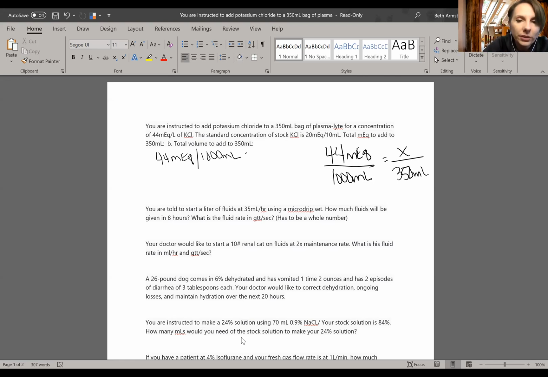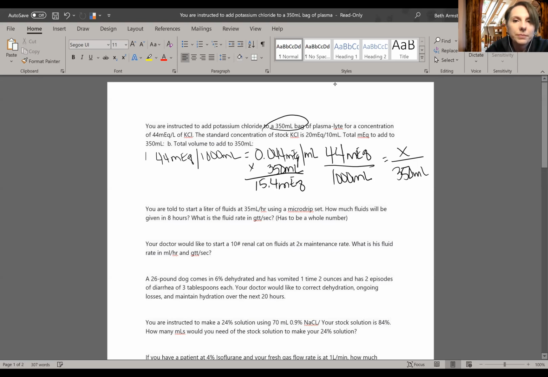So for 1 mL, it would be 0.044 milliequivalent per mL. And then you just take that and multiply it by whatever you need, times 350 mLs. Times 350, and you get 15.4 milliequivalents that you need.